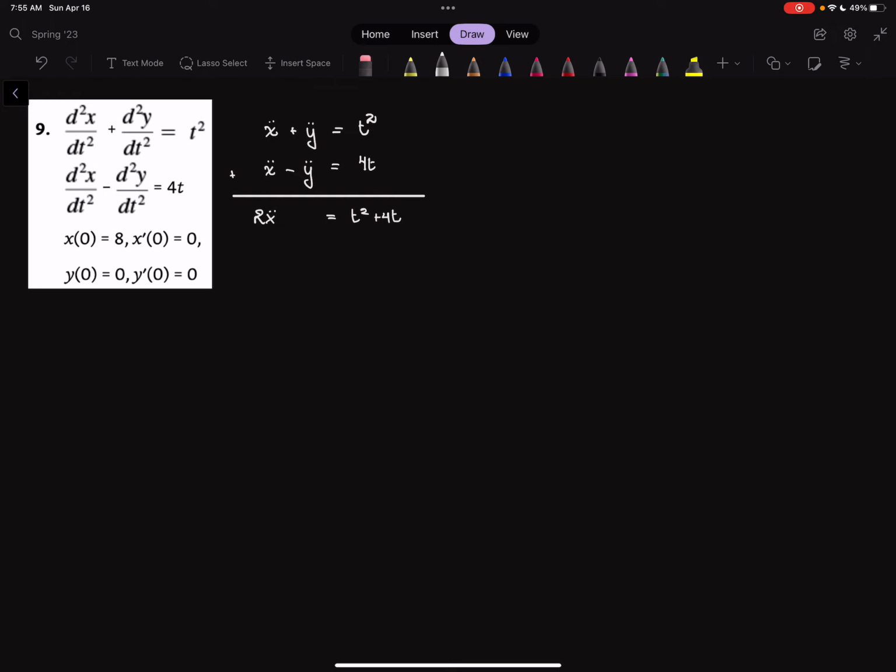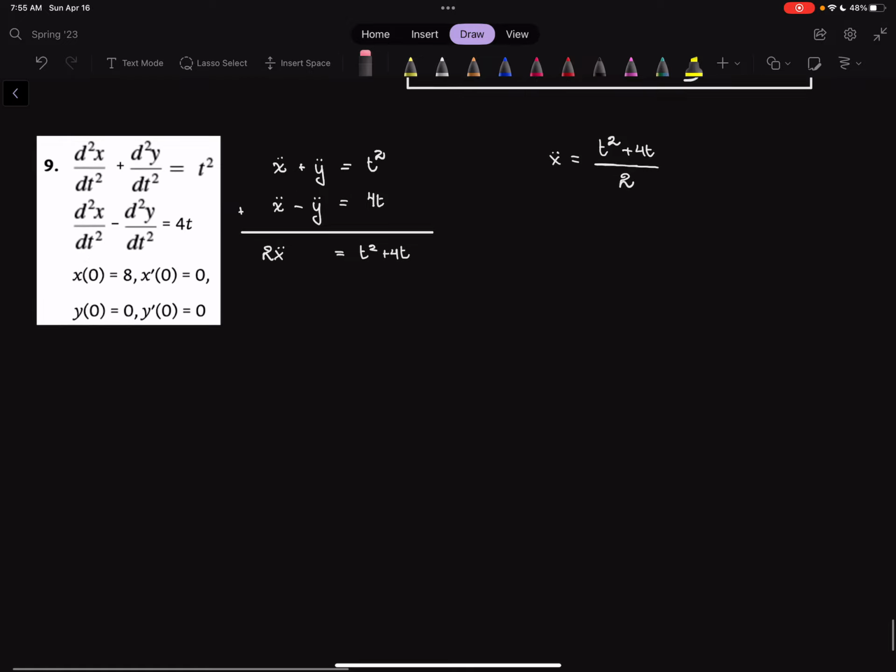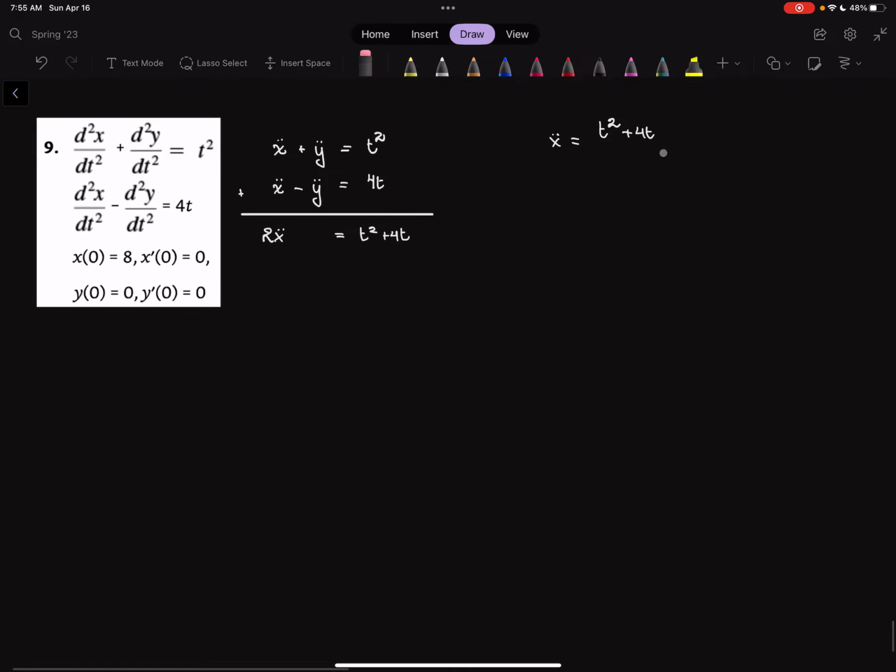So I have an equation just in terms of x double prime, which is good because then I can just solve this without having to do a system. And I divide by 2 on both sides. I get this. Or if I want to split it, because with the Laplace I always want to split it, this becomes plus 2 times t.